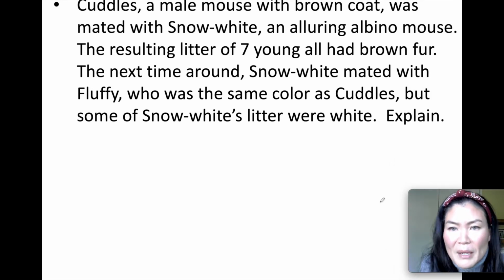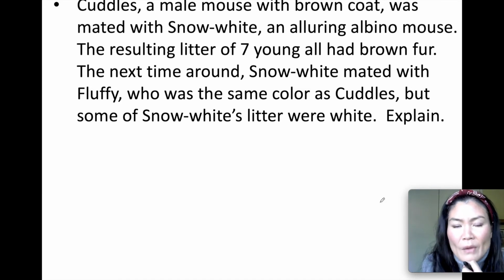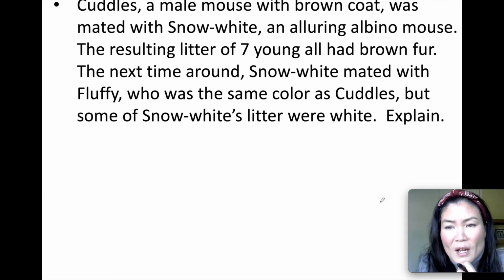A male mouse with a brown coat, Cuddles, was mated with Snow White, an alluring albino mouse. The resulting litter of seven young all had brown fur. The next time around, Snow White mated with Fluffy, who was the same color as Cuddles, but some of Snow White's litter were white. Explain.